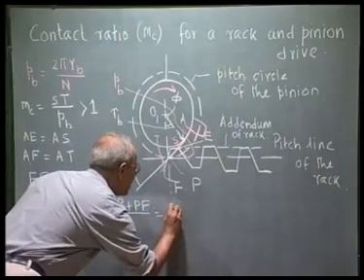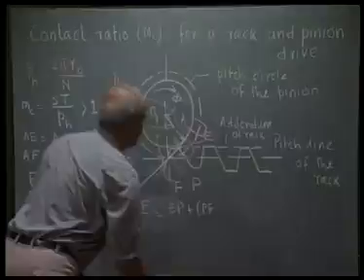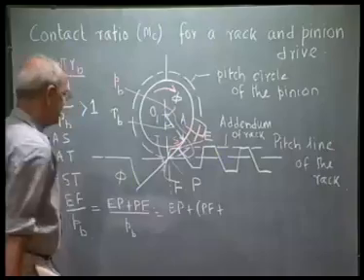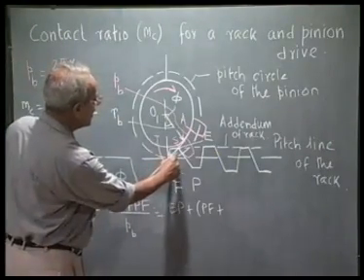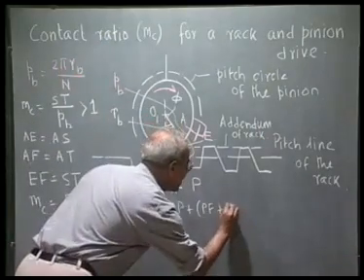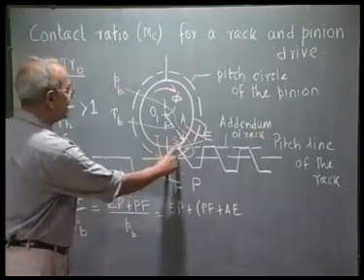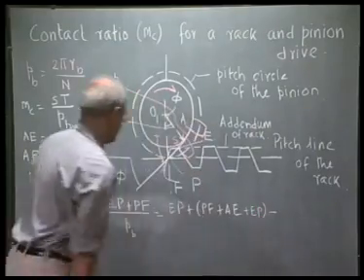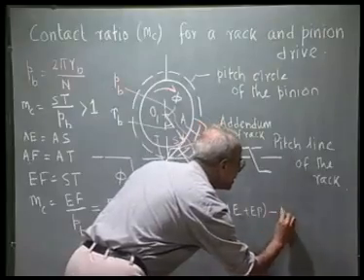Now, I add AE plus EP to PF, and I again add EP and subtract AE plus EP, that is AP.